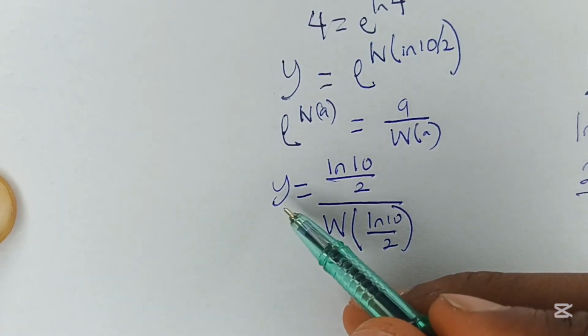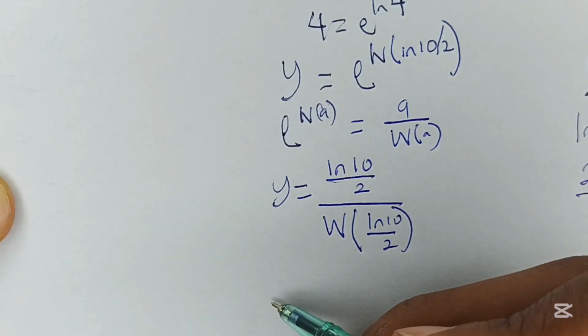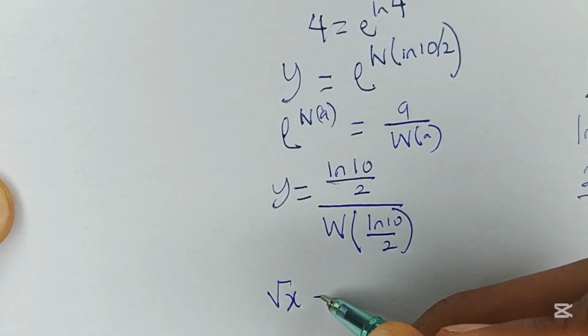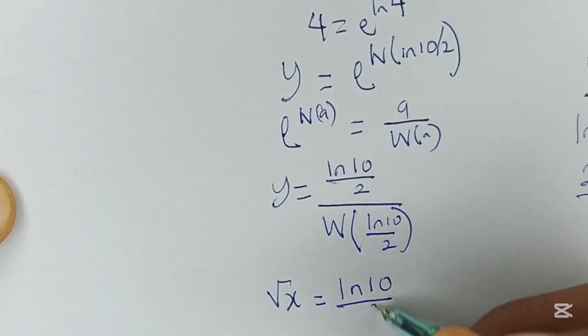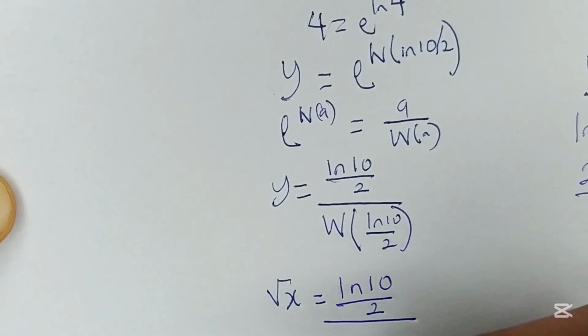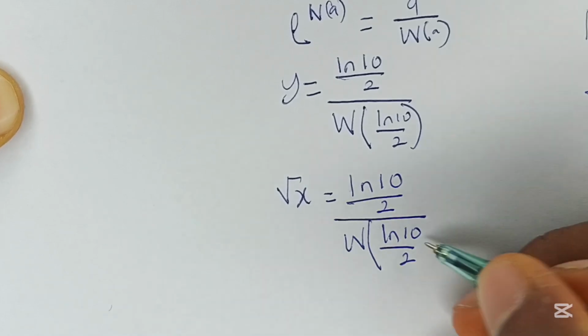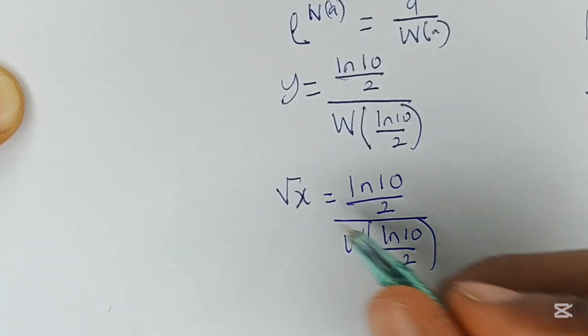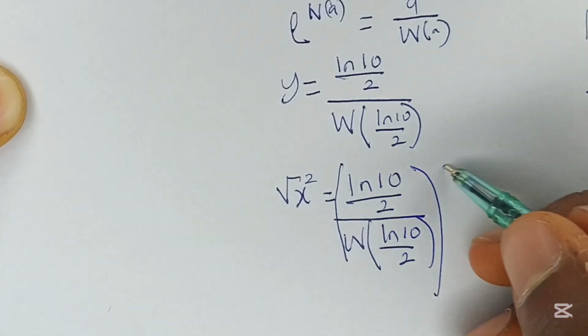Now, at this point, you recall that our y is equal to root x. So we now have root x is equal to ln of 10 over 2 divided by W of ln of 10 over 2. Now, squaring both sides, we would have this squared and then we'll square this side.